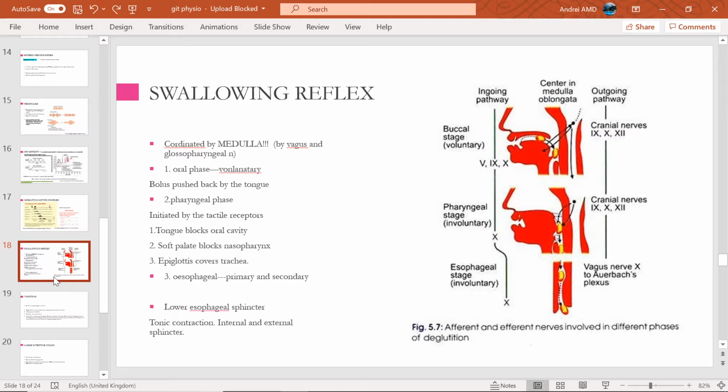So when we're swallowing, it happens from the medulla. Yeah, remember this. A lot of basic things like reflexes are done in the medulla oblongata.